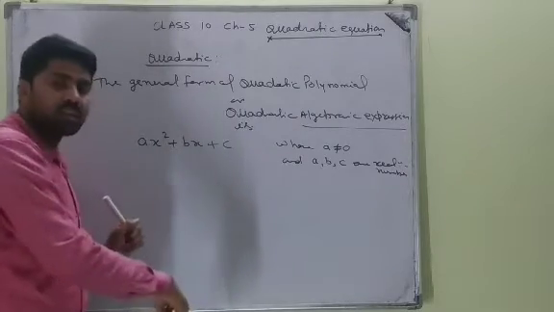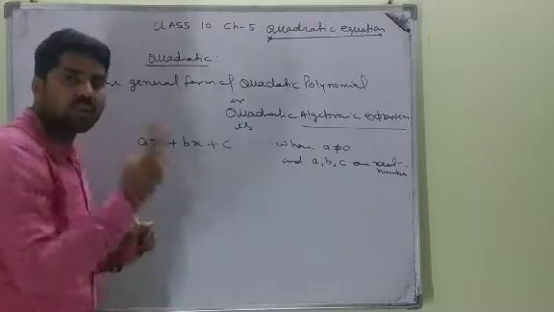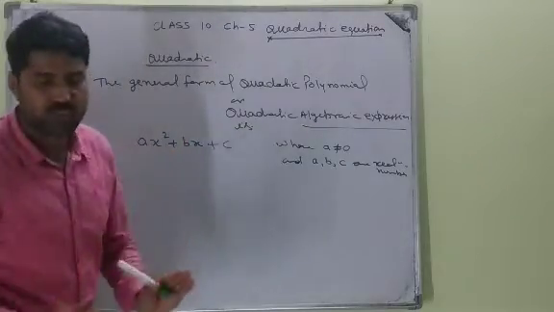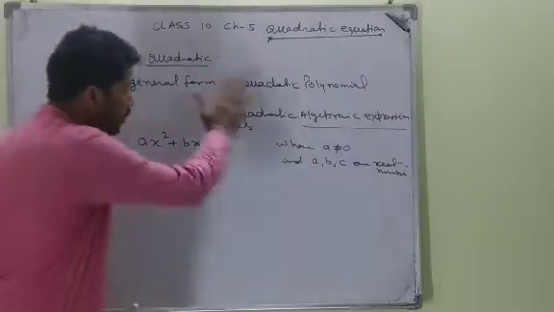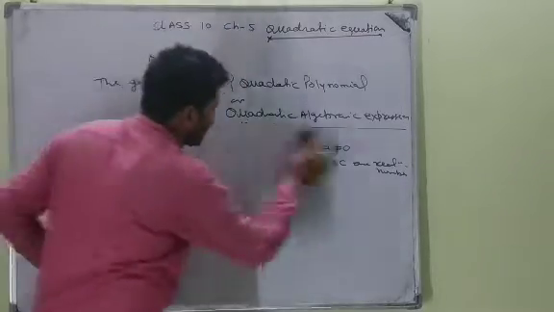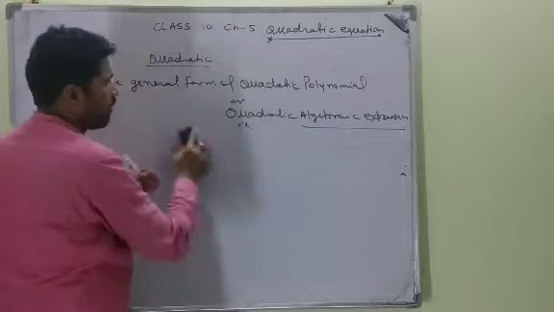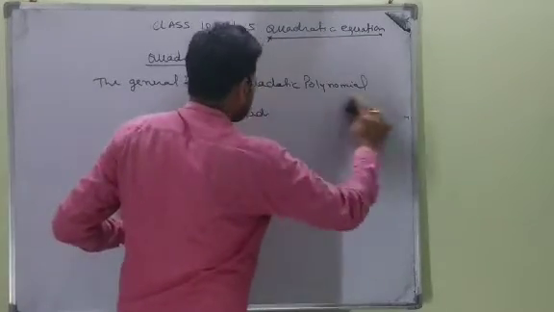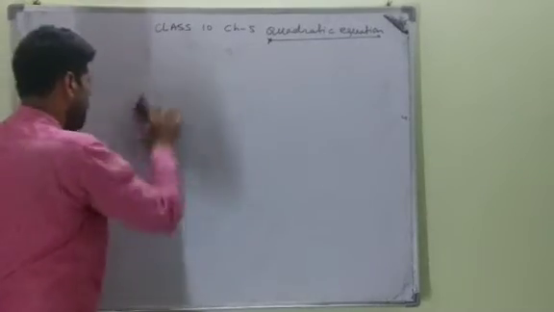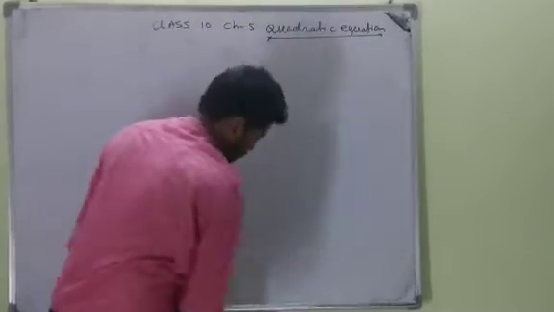When we solve or factorize this, we get two values of x which satisfy the given polynomial. But students, I am not talking about the polynomial here. Our topic is quadratic equation. So now we start the quadratic equation. There is a minor difference between the quadratic equation and the quadratic polynomial. I hope the difference is clear to you.